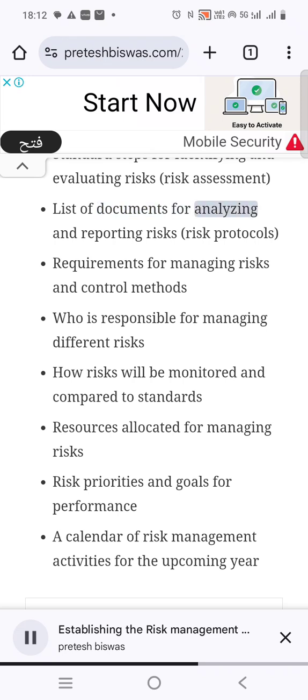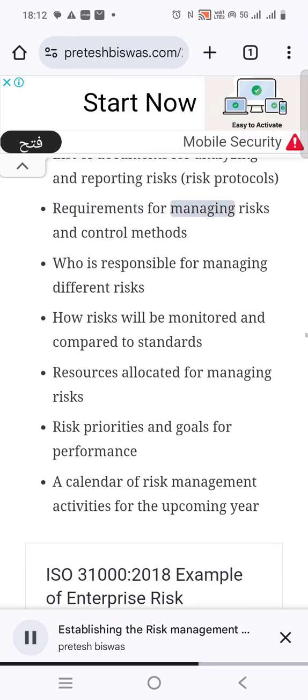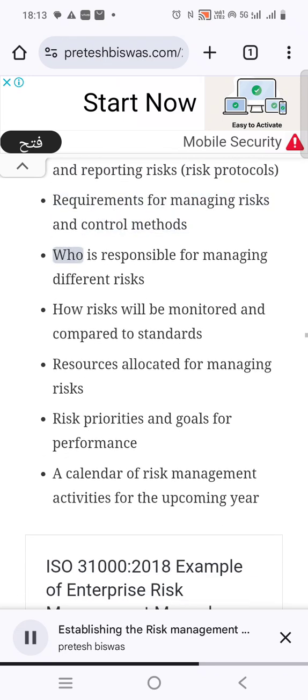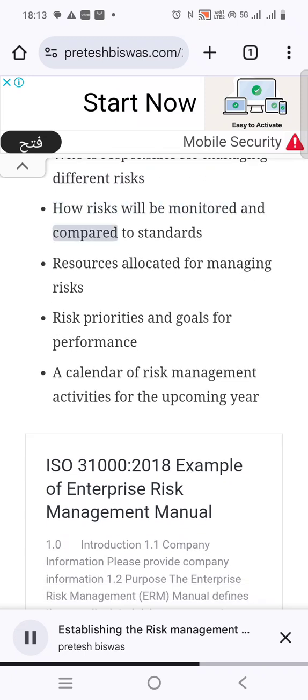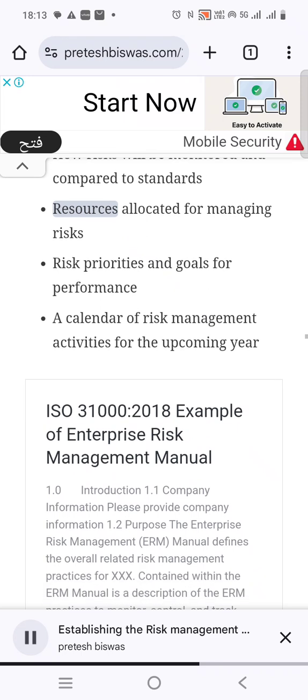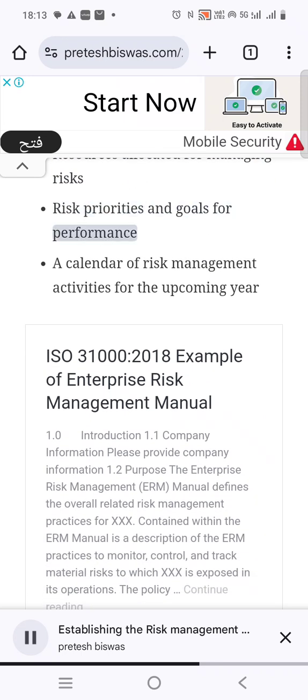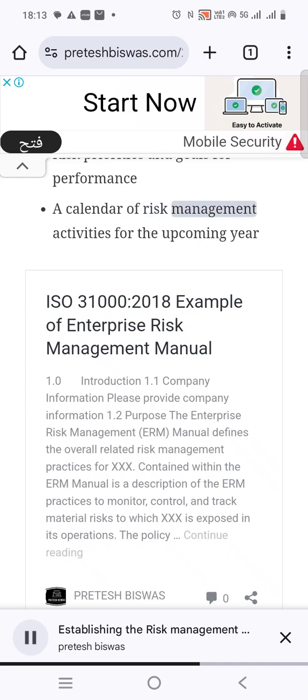List of documents for analyzing and reporting risks, risk protocols. Requirements for managing risks and control methods. Who is responsible for managing different risks? How risks will be monitored and compared to standards. Resources allocated for managing risks. Risk priorities and goals for performance. A calendar of risk management activities for the upcoming year.